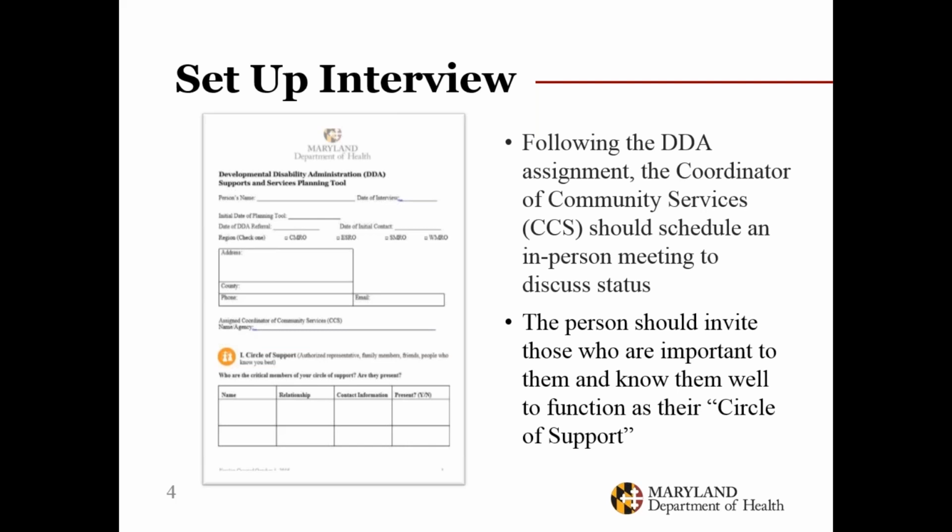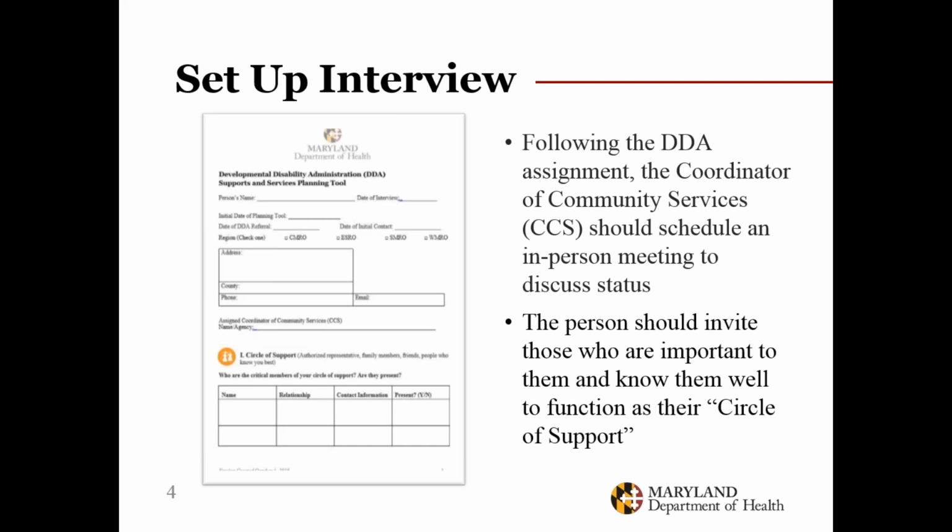The process begins when DDA has determined the person is eligible for DDA services and has been placed on the waiting list. Once a CCS provider has been chosen, the assigned CCS should contact the person to schedule an in-person conversation. At this time, the CCS should encourage the person to invite members of their circle of support to participate as well.